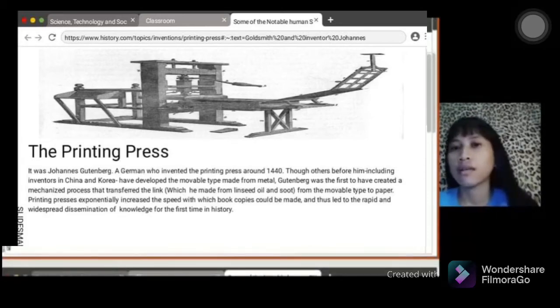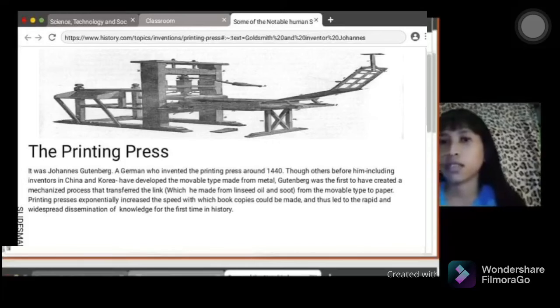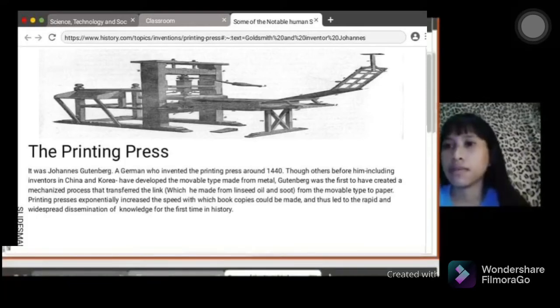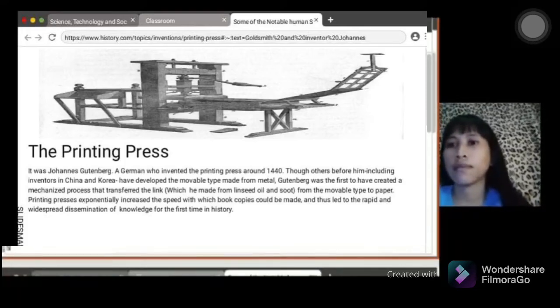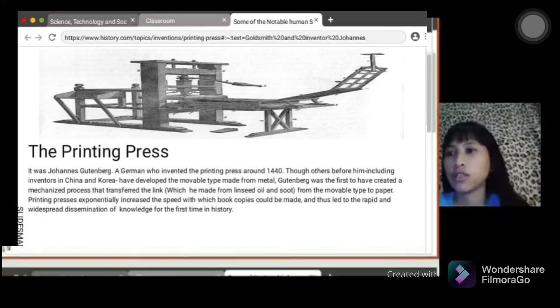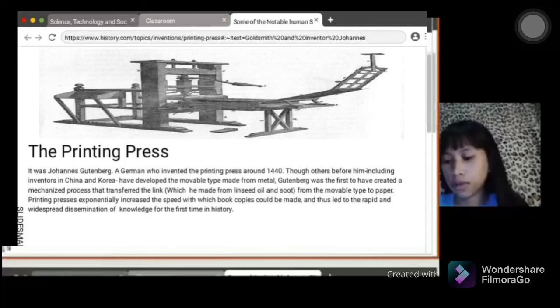The printing process exponentially increased the speed at which book copies could be made, and thus led to the rapid and widespread dissemination of knowledge for the first time in history.